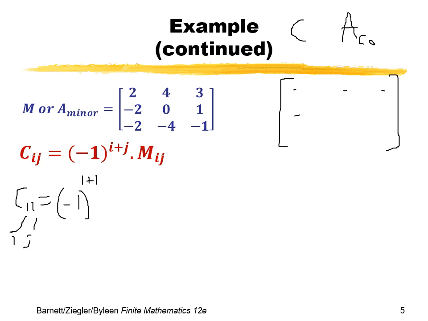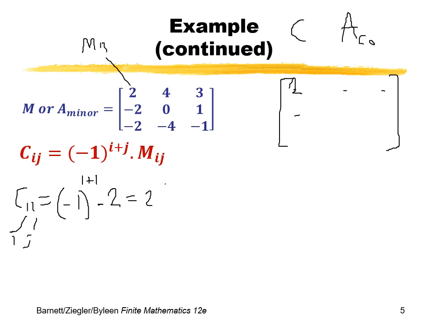So it's negative 1 power 2, which equals positive 1, times M11, which is 2. So here the cofactor is the same value as the minor.